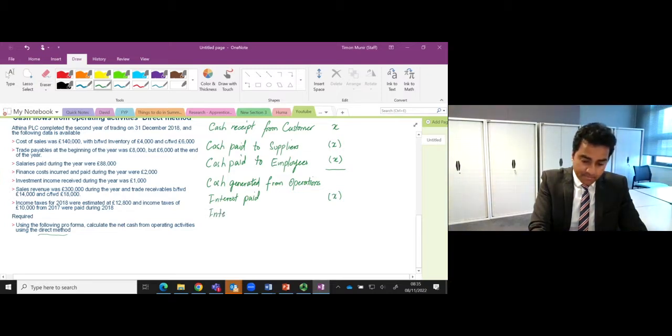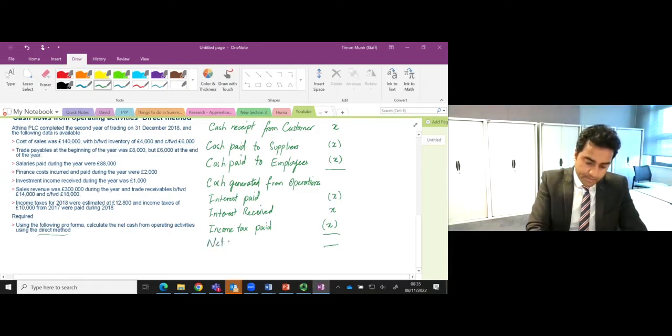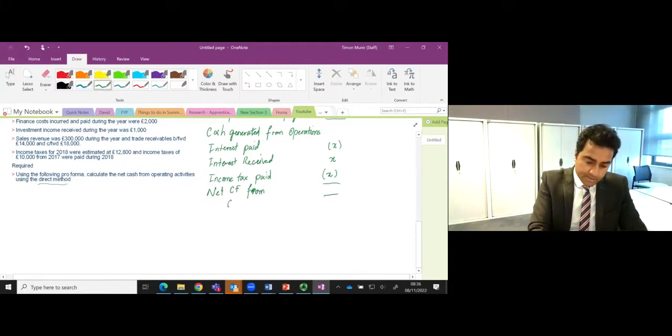Interest received, which will be a positive figure. And then income tax paid, which will again be a negative figure. And then lastly, net cash flow from operating activities.